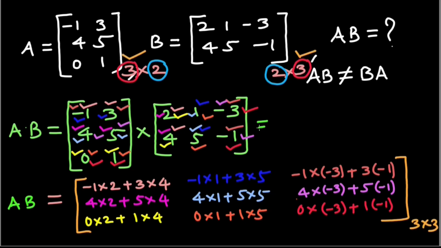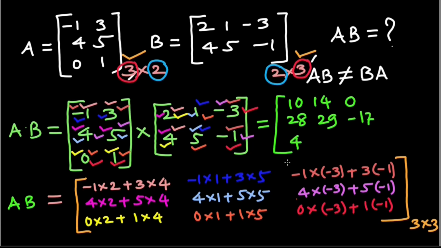So finally the matrix multiplication AB will be 12 minus 2 10, 15 minus 1 14, 3 minus 3 0, 8 plus 20 28, 4 plus 25 29, minus 12 minus 5 minus 17, 0 plus 4 4, 0 plus 5 5, 0 minus 1 minus 1. So this matrix is matrix multiplication AB.